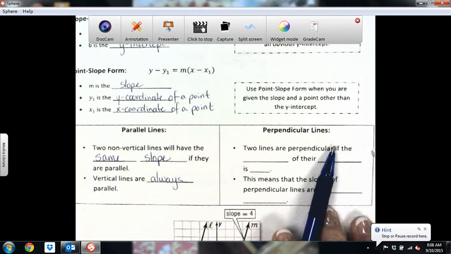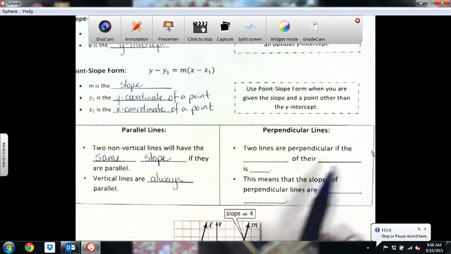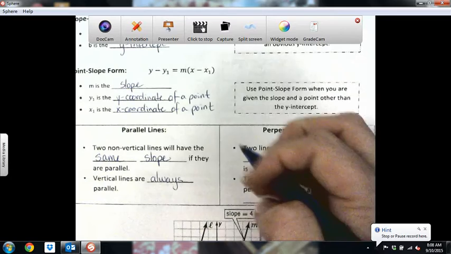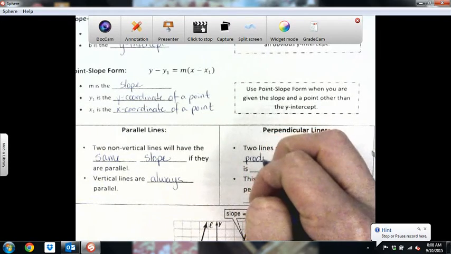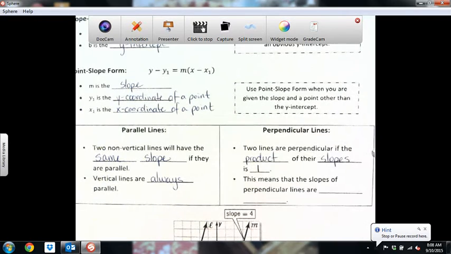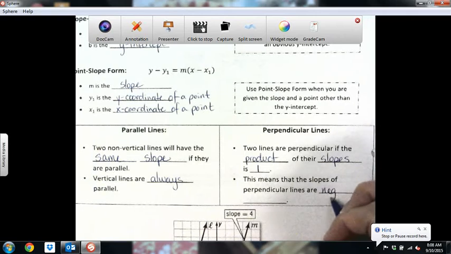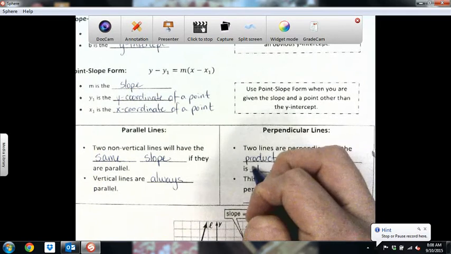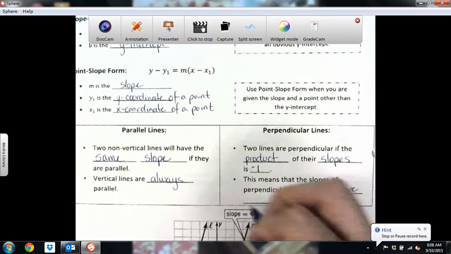Perpendicular lines, on the other hand, we know that two lines are perpendicular if the product of their slopes is negative 1. Sorry, not 1, negative 1. That means that the slopes of perpendicular lines are negative reciprocals.